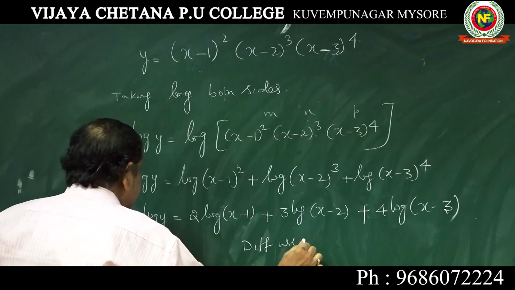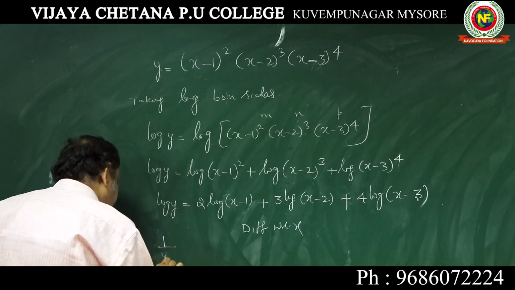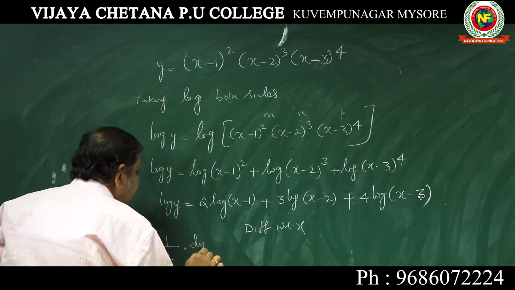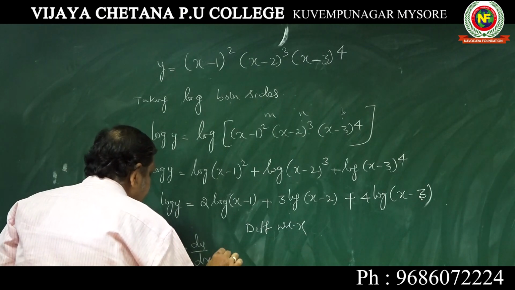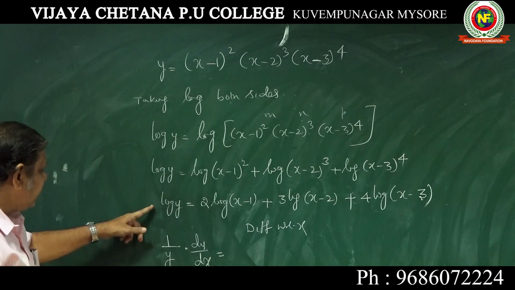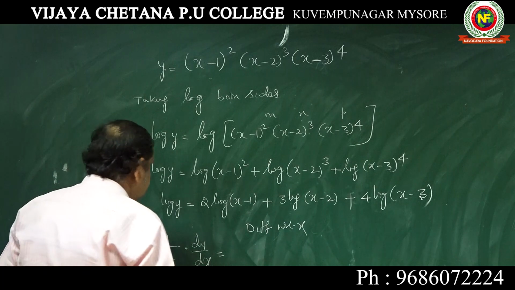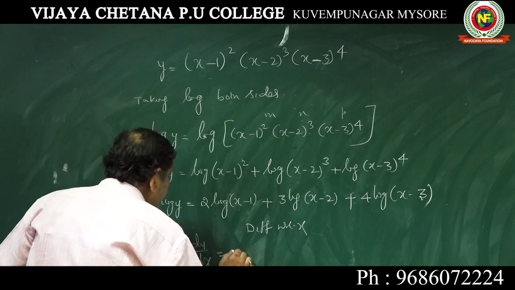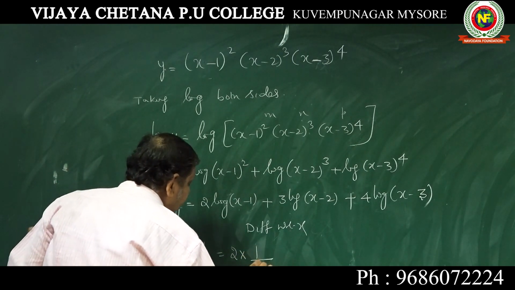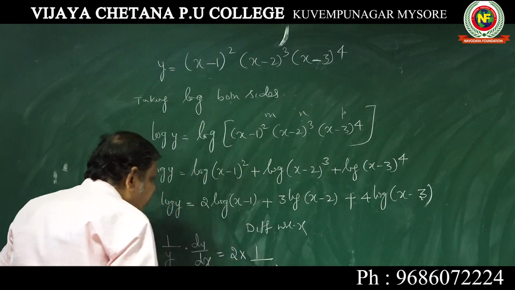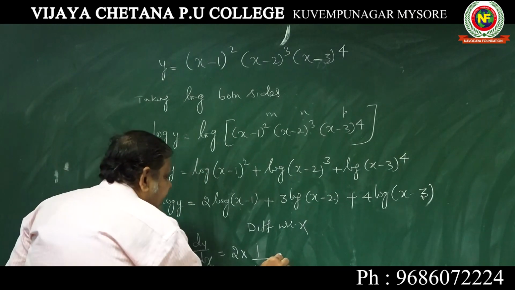Differentiating with respect to x, the left side will be 1 by y into dy by dx, which is equal to 2 log (x minus 1). 2 is a constant. Log (x minus 1) is 1 over (x minus 1) into d by dx of (x minus 1), that is 1 only.